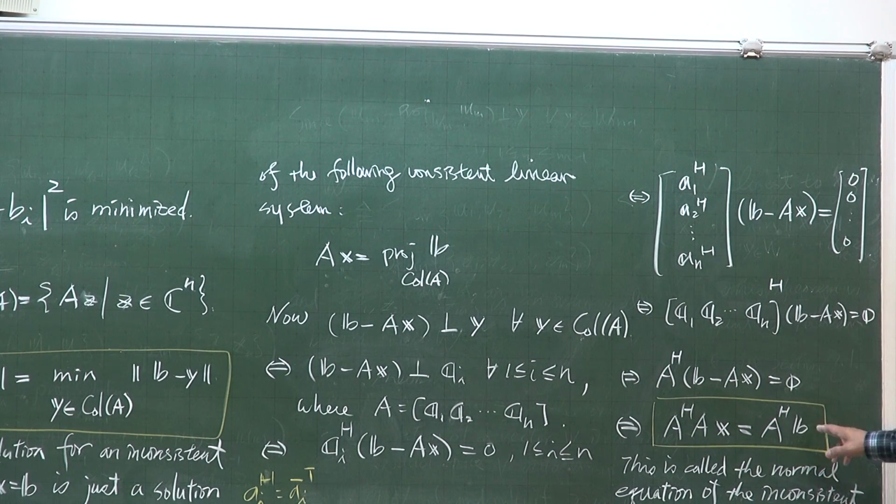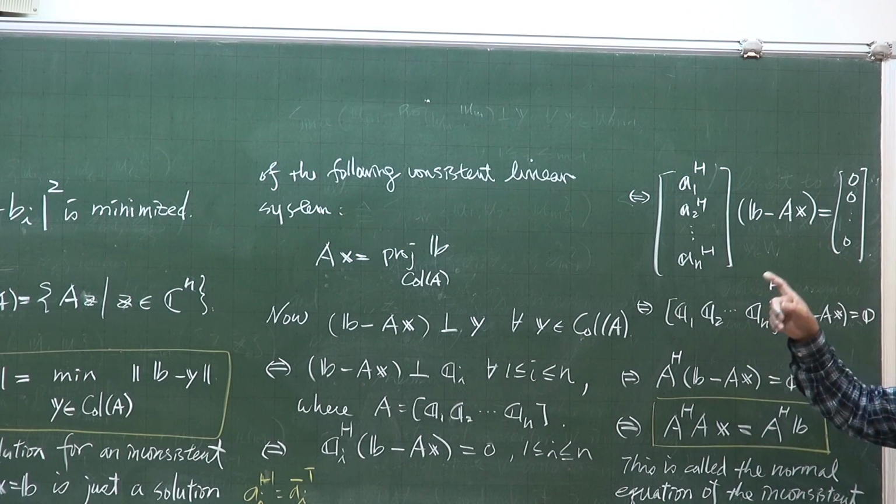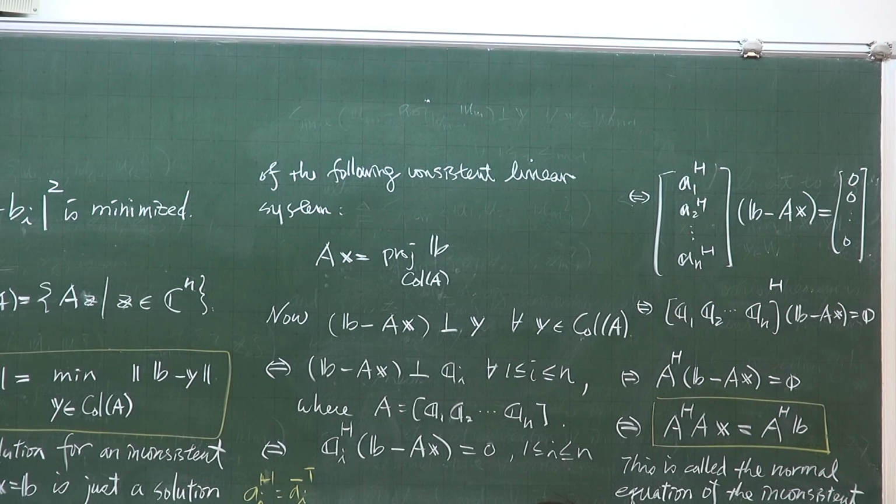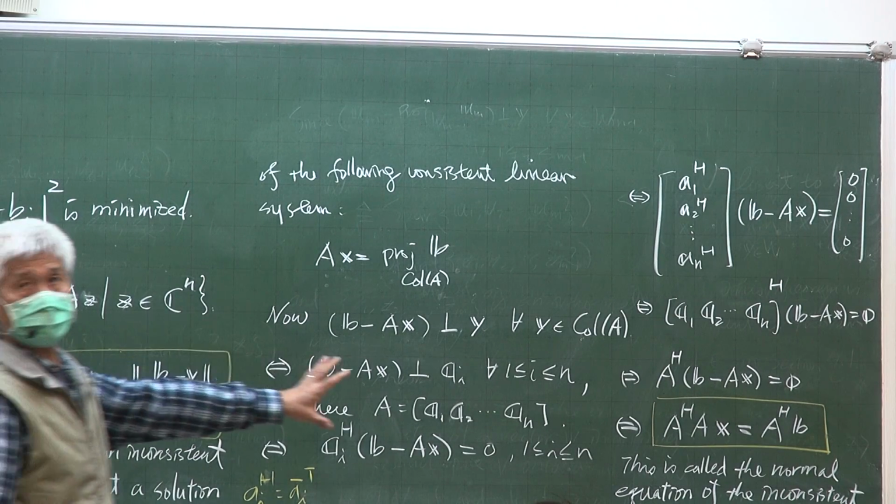Okay, and so you know how to solve this normal equation, right? Just by Gauss-Jordan elimination, which you have learned from the beginning of this semester. We are at almost the end of the semester, but we still need some techniques we learned from the beginning, the Gauss-Jordan elimination procedure. It helps us to solve for these least squares solutions. So you see, we start from here and end up with something solvable.